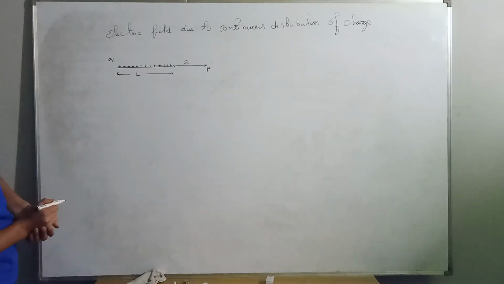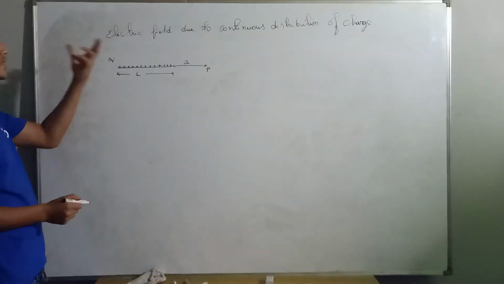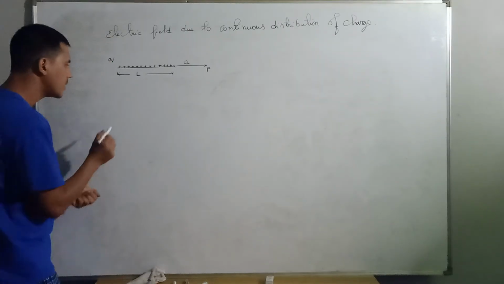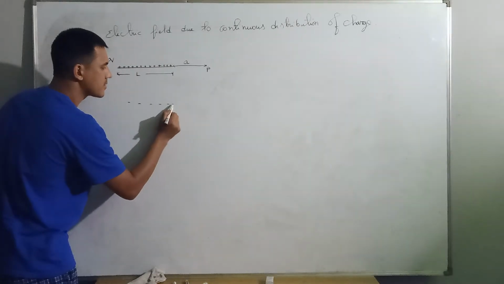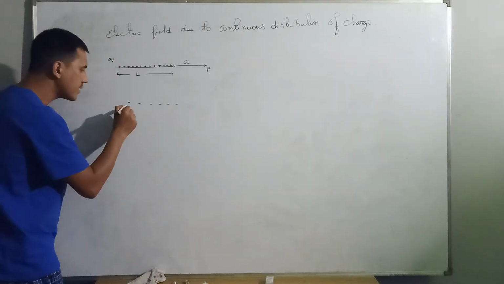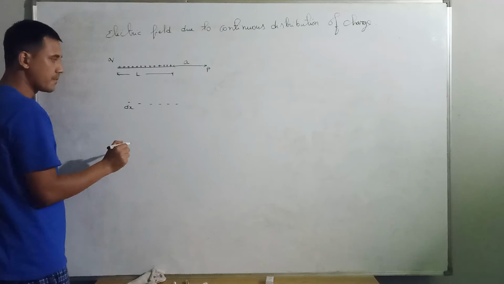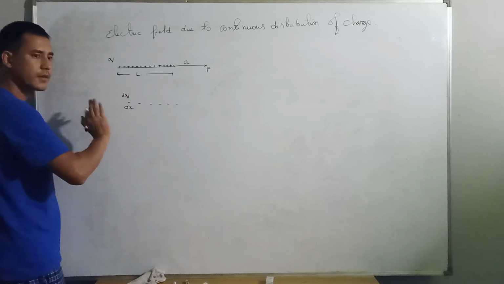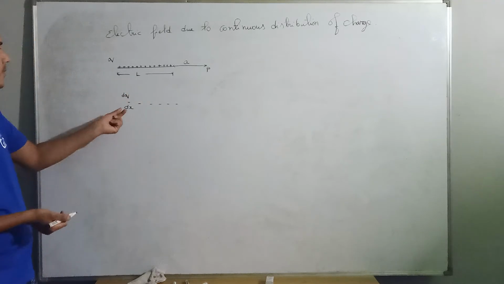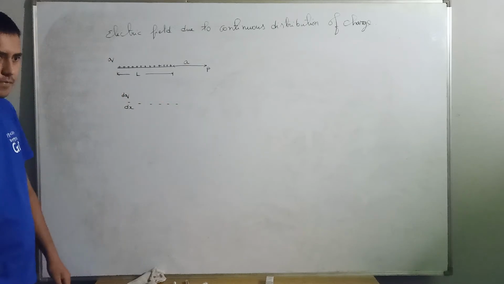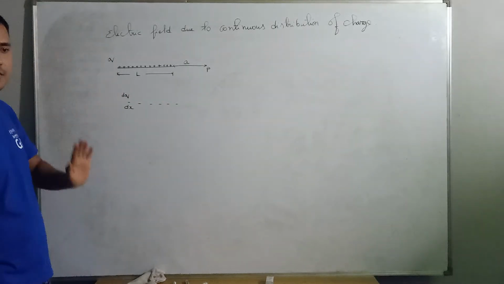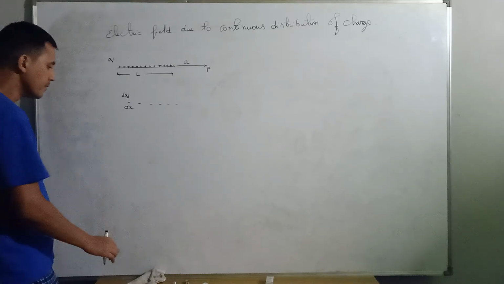Now what I'm going to do is divide this rod into small elements, into small lines, each of length dx, and having charge dq. dq plus dq plus dq up to infinitely large times will give you Q, right?